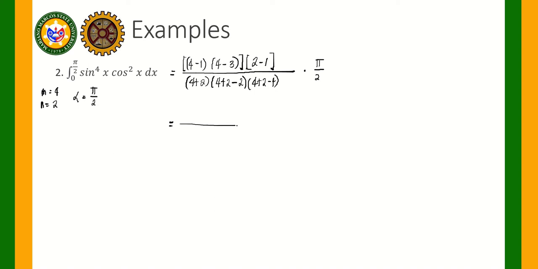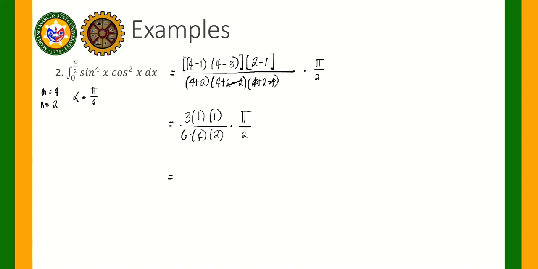So, we simplify our equation. This will be equal to 4 minus 1 is 3. Multiplied by 4 minus 3 is 1. As well as 2 minus 1 is also equal to 1. And for our denominator, 4 plus 2 is 6. Multiplied by 4 plus 2 minus 2, this will cancel. So, that will be equal to 4. And then, 4 plus 2 minus 4, this will cancel. So, matitira will be 2. And we multiply it by our alpha, which is equal to pi over 2.